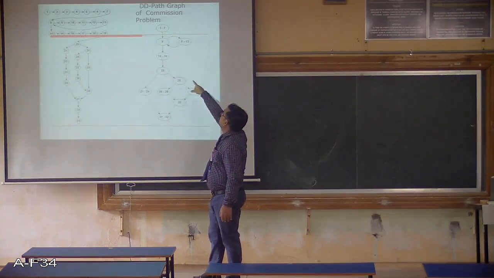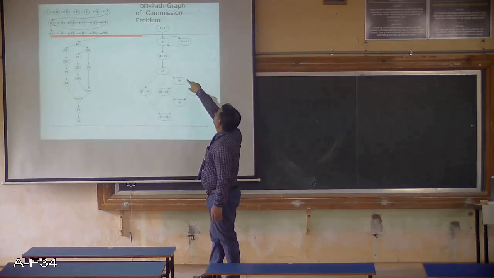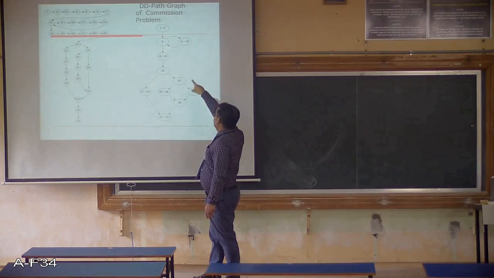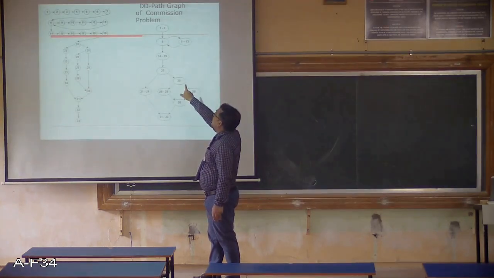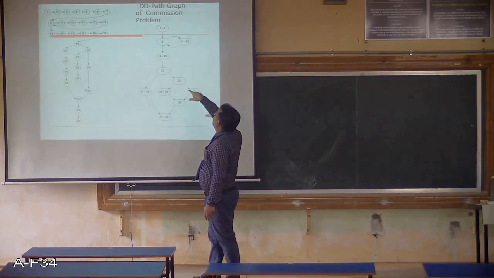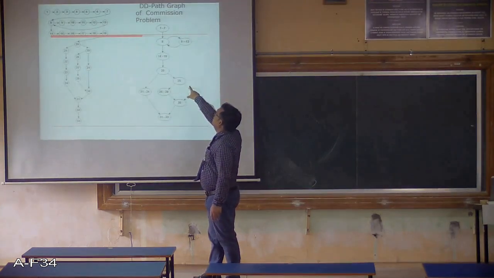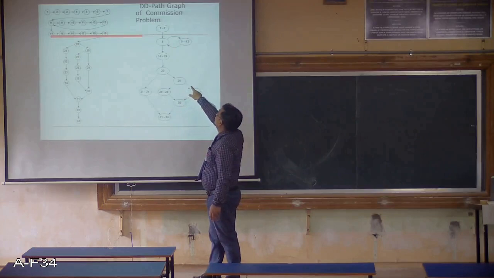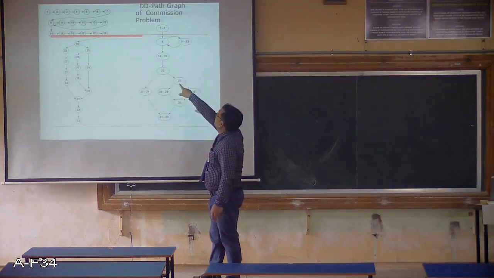So you see there is a DDpath to DDpath connection. One goes from 8 to another node, 9 to 13, and another goes from 9 to 13 back to 8. There is another chain that exists from 14 to 19.